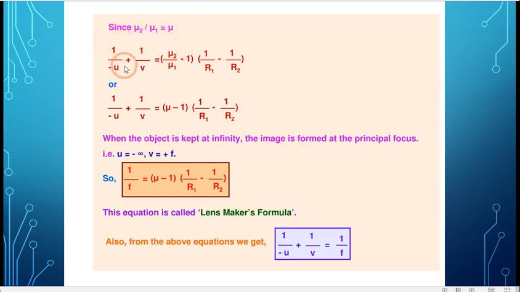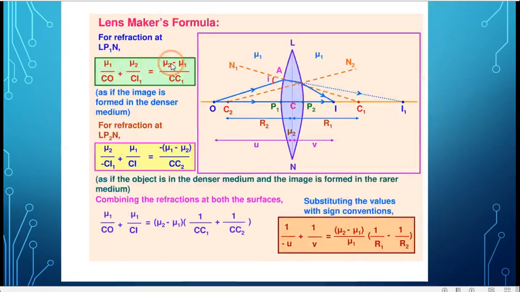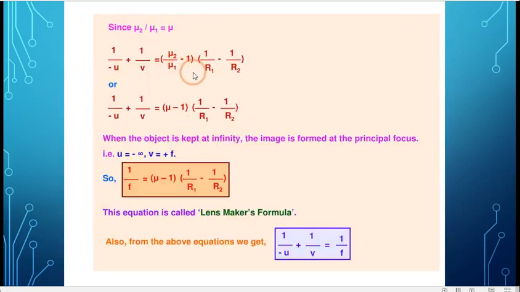So the equation becomes 1 upon minus U plus 1 upon V is equal to mu minus 1 into bracket 1 upon R1 minus 1 upon R2, as it is.